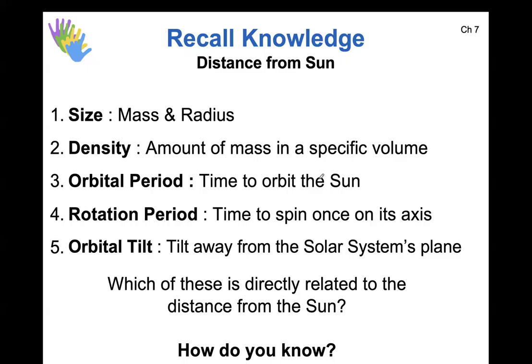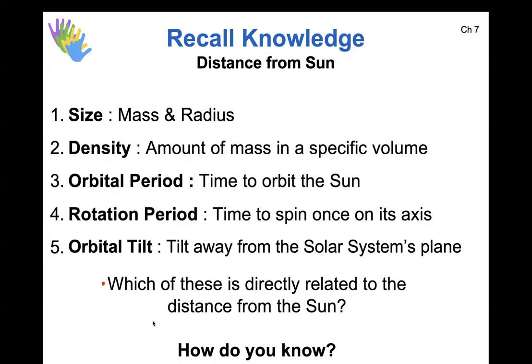Enough with size and density. We're going back to the list of planet characteristics with a little question down here at the bottom. Which of these five characteristics is directly related to the distance from the sun?